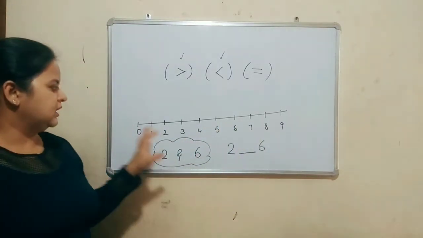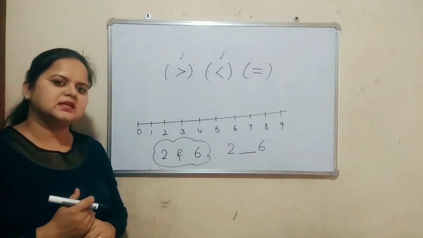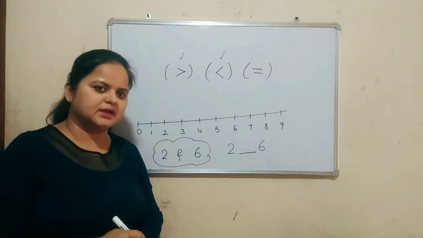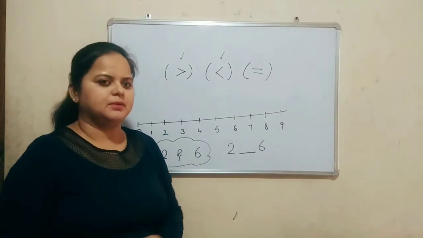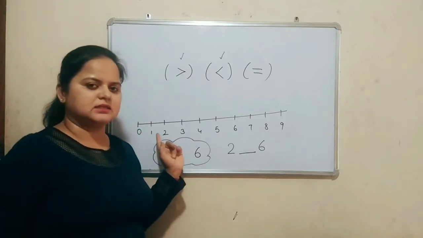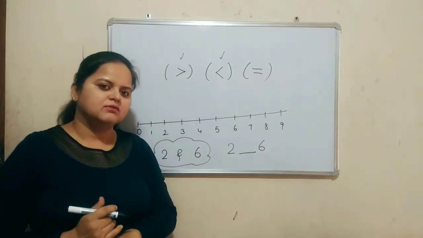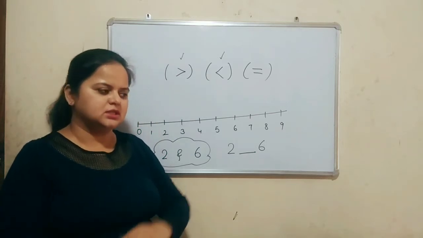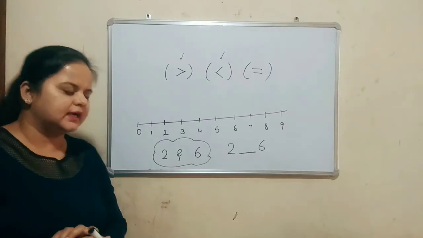Okay, in the number line you have to see which number is closer to 0, that is the smaller number, and which is far from 0 is the greater number. Number line में जो number 0 के पास है वो number smaller number है, and जो number 0 से far है means दूर है, that is the greater number.